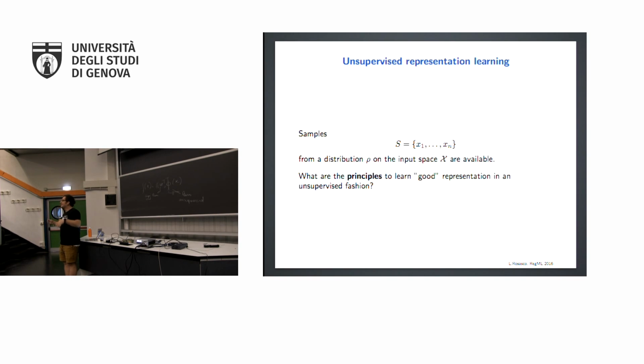If you want, this means I give you, say, images, but I don't tell you what kind of question I'm going to ask about the image. Is this a face or not? Is there a tree or not? I'm not going to tell you this kind of question, but I just give you the images. Now you want to find the representation. You would like to write down a problem where you say, well, I have the data, I try to minimize this and that, or I try to enforce this and that. What is this and that? What are some properties of the data you might try to preserve or enforce?